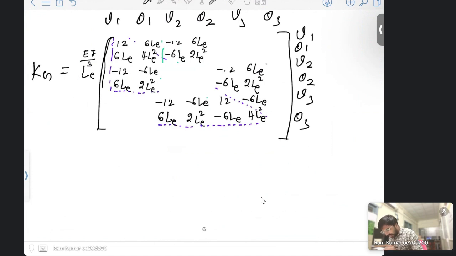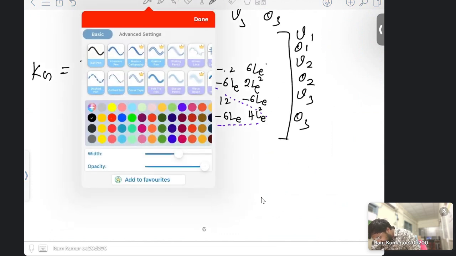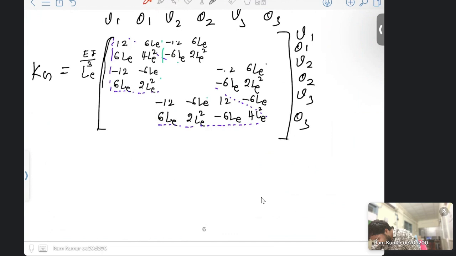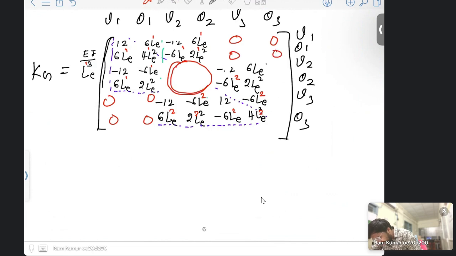Kg. And actually these elements, this is length 1 element length, and these are element 2 length, and this one we have to add. Remaining it will be 0 0 0 0 0 0 0 0. This one we have to add.